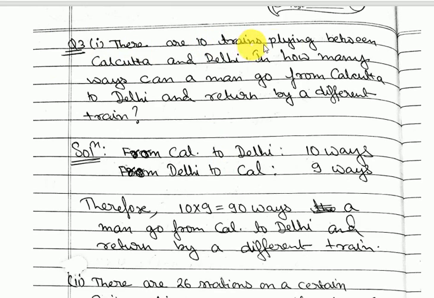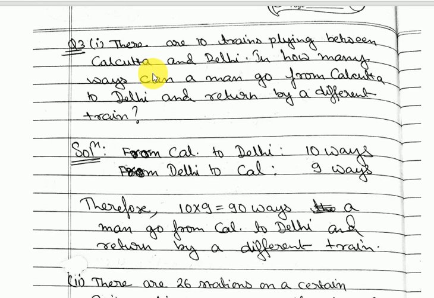there are 10 trains, question number 3.1: there are 10 trains plying between Calcutta and Delhi. In how many ways can a man go from Calcutta to Delhi and return by a different train? So there are 10 trains running between Calcutta and Delhi.